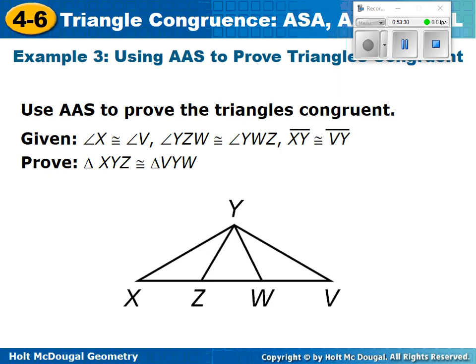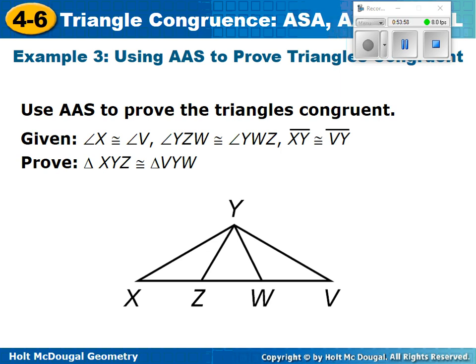It's angle, angle, side. And we check over here, it's the same thing, angle, angle, side. Doesn't matter if you go clockwise or counterclockwise. You're either going to say side, angle, angle, or angle, angle, side. The books are always going to say angle, angle, side. Okay? And that's what we're trying to prove. Triangle XYZ is congruent to triangle VYW.